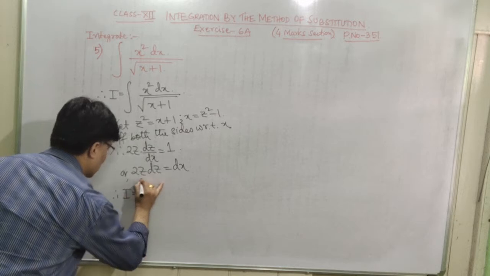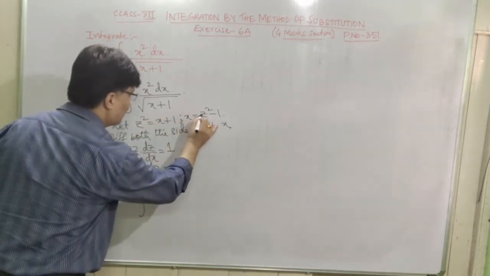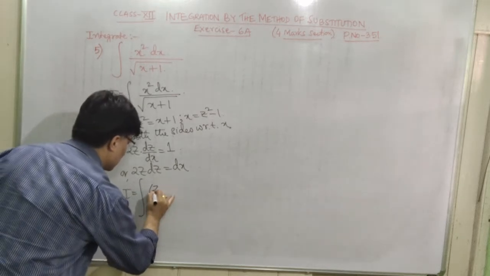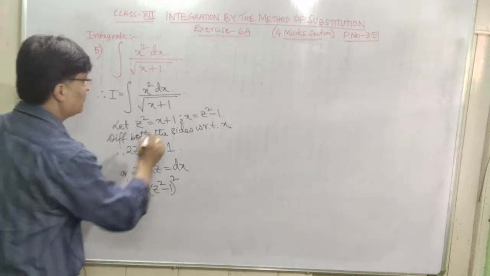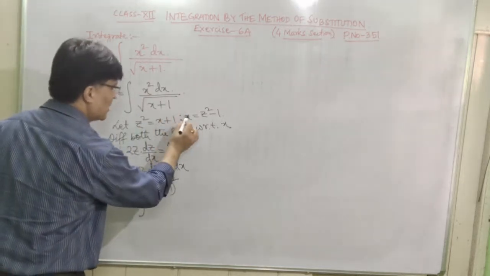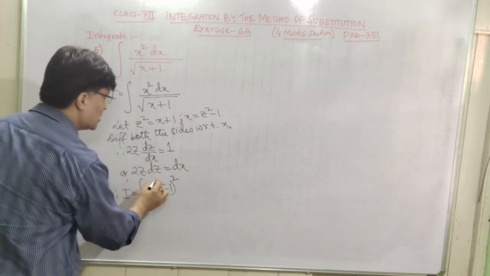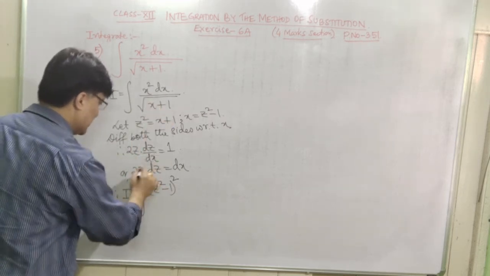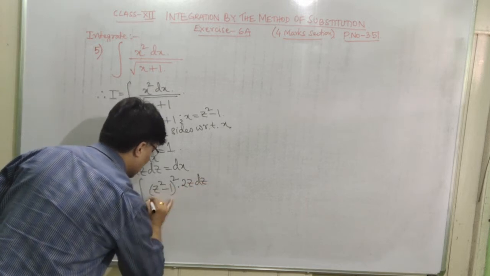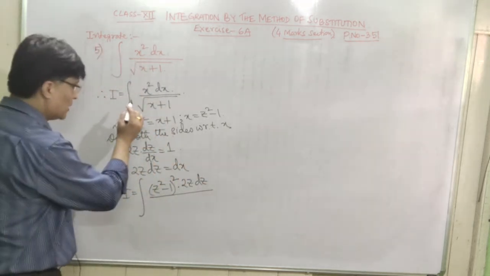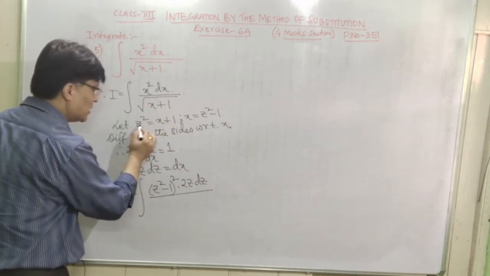Therefore I is equal to integration of, what is x whole square now? It is z square minus 1 whole square. And dx is 2z dz, whole divided by root over z square, since x plus 1 is z square.